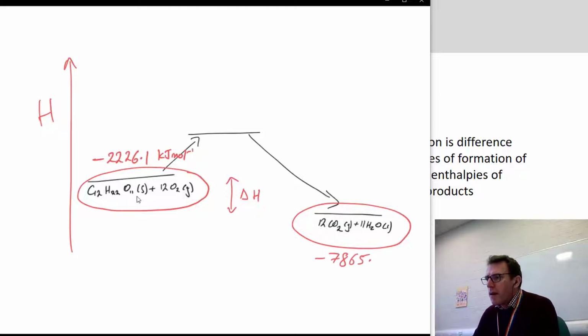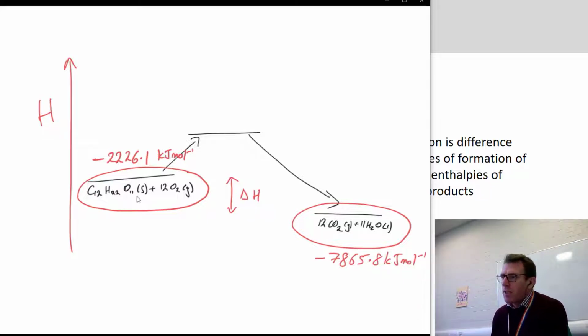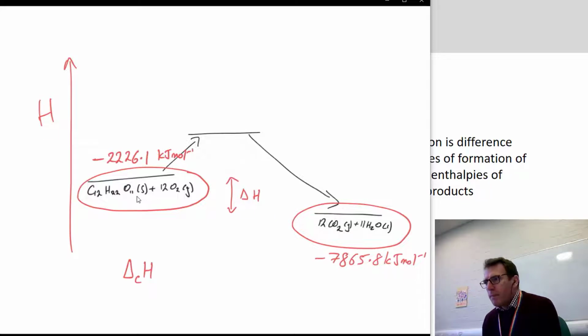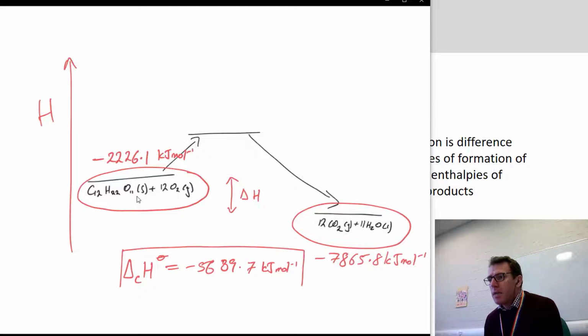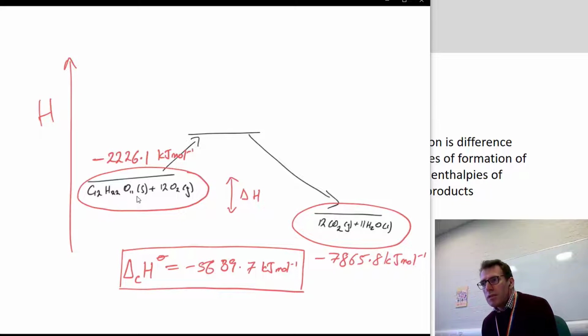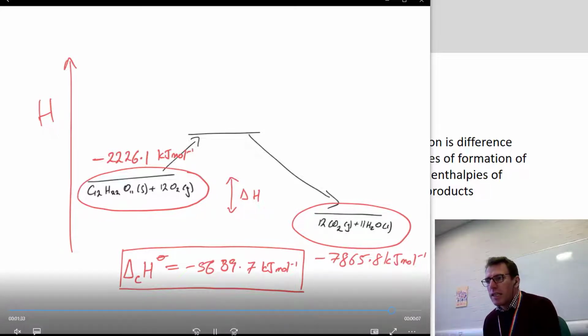And similarly for carbon dioxide and water, once we know their enthalpies of formation, we can add them up. 12 times the value for carbon dioxide, 11 times the value for water, and we can add that up to get minus 7865. That means the enthalpy of this reaction, which is a combustion reaction, will be the products' value minus the reactants' value, minus 7865.8 minus 226.1. So we get a value of minus 5639.